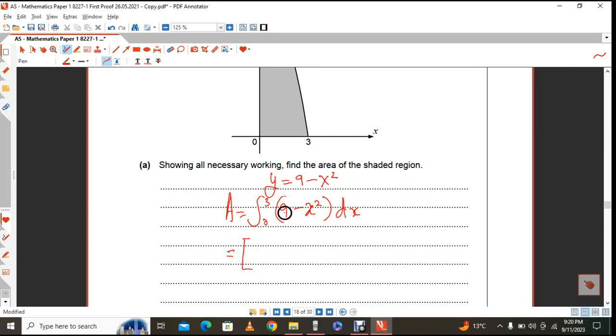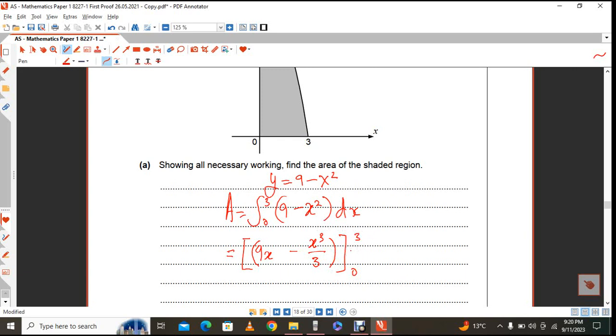If you integrate, that is going to be 9x minus, adding 1 here, x cubed upon the same denominator, and the limits are from 0 all the way up to 3.